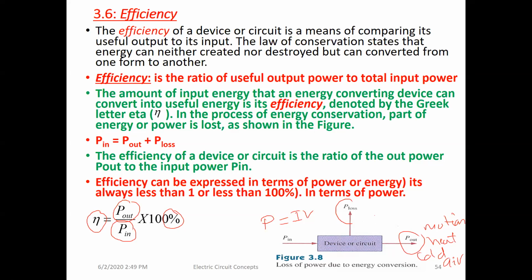Now, coming back to this formula, because of the conservation of energy, the power input coming in has to equal the power output, which we call the useful power, plus the loss, the power lost, or the power loss.